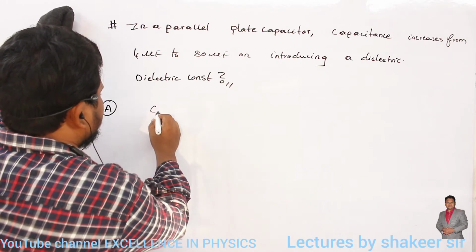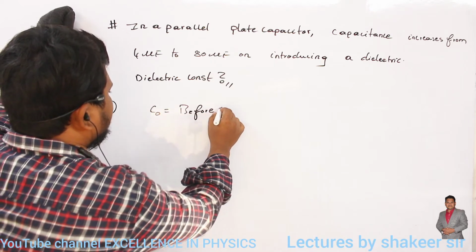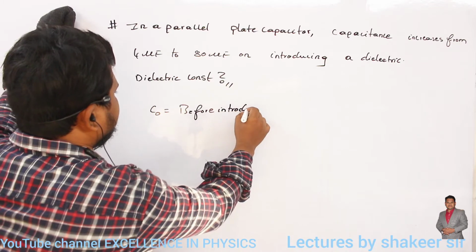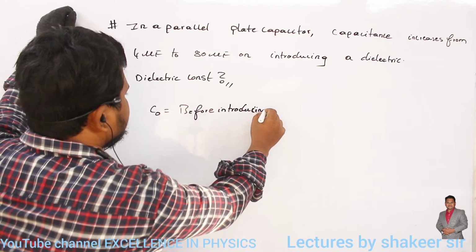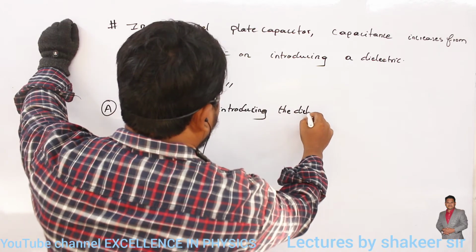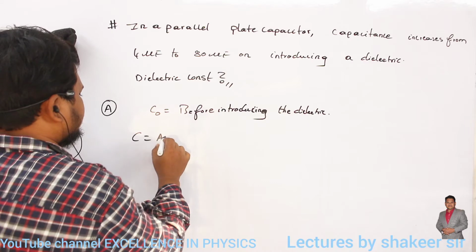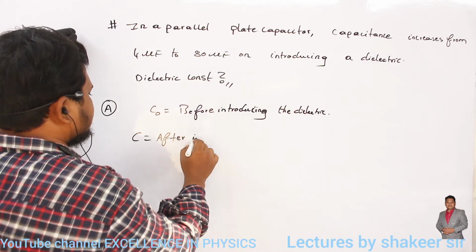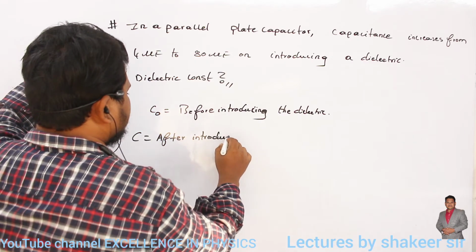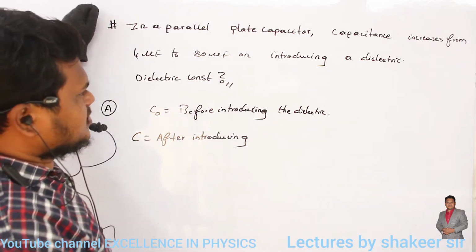Because C naught, what is C naught? It is the capacitance before introducing the dielectric. And C is the capacitance after introducing the dielectric. Then what is the relation between them?